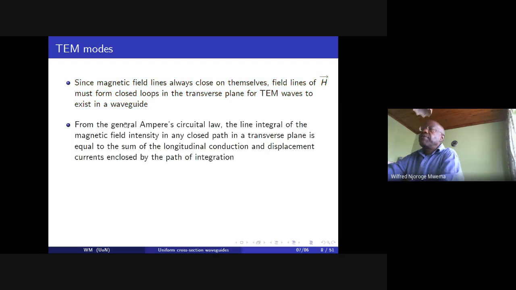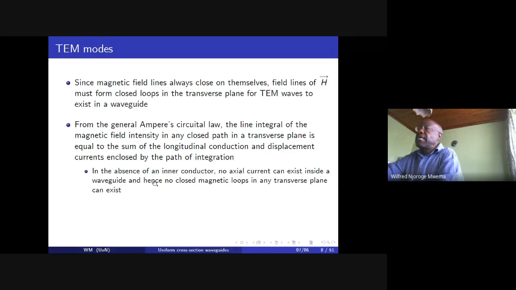Now, from the general Ampere's law or circuit law, the line integral of the magnetic field intensity in any closed path in a transverse plane is equal to the total current enclosed within, or threading, that path. That is the sum of the longitudinal conduction and displacement currents enclosed by the path of integration.